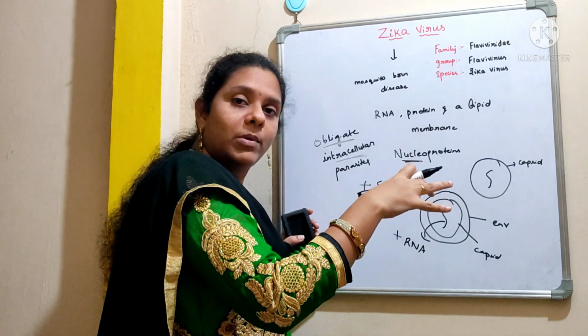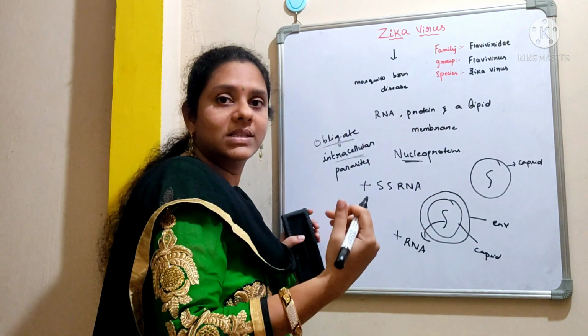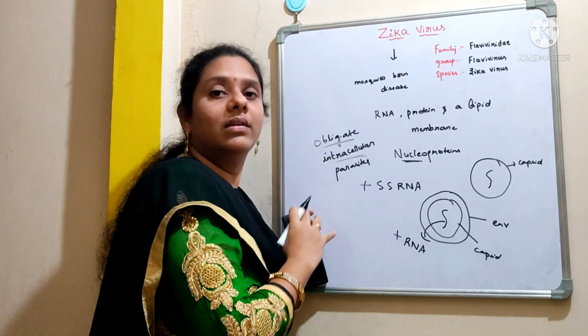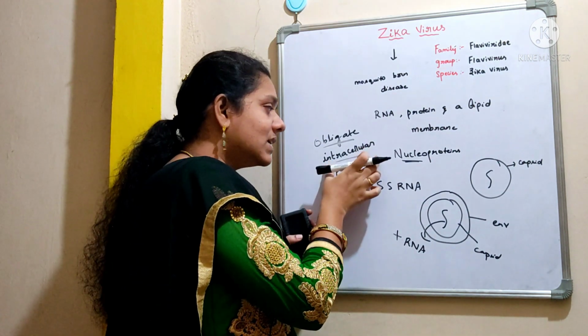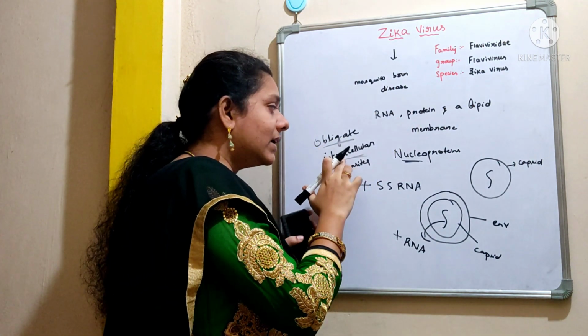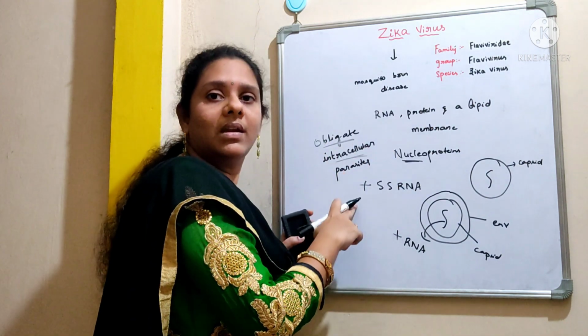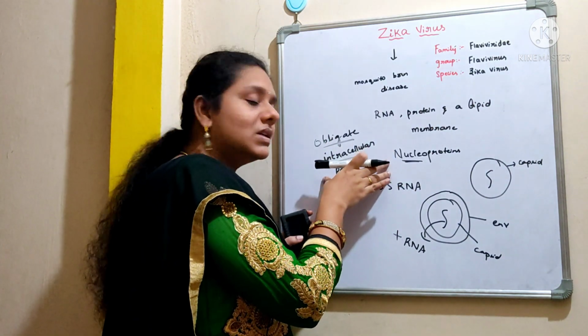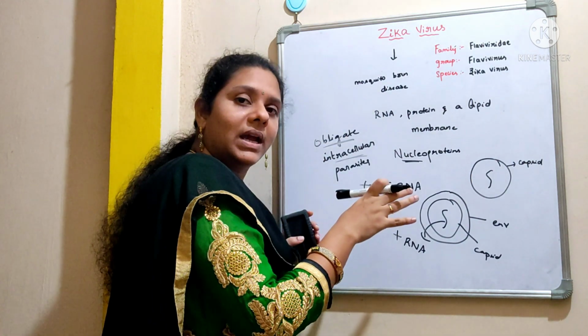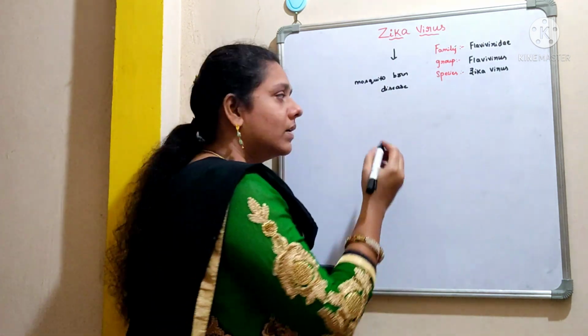And these newly formed viral particles will come out of the cell and are ready to infect a new cell. So that is the reason we call them obligate intracellular parasites. Parasites means which depend on others for their survival. So these viruses will only replicate after they enter into a cell.